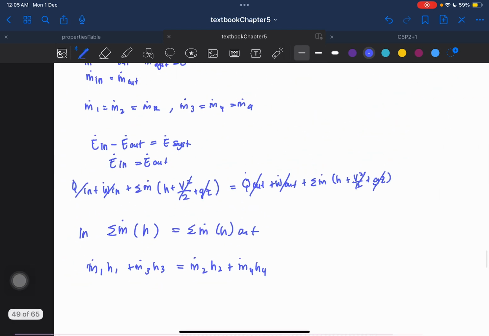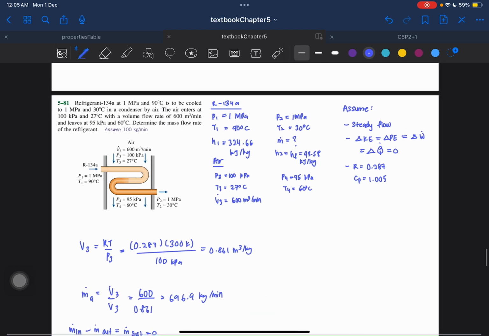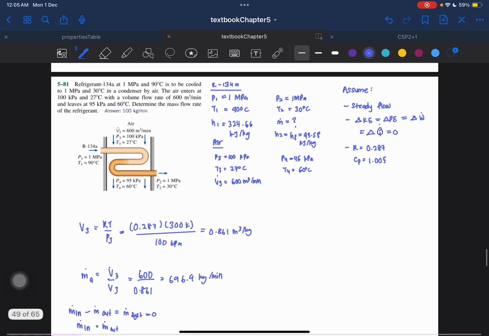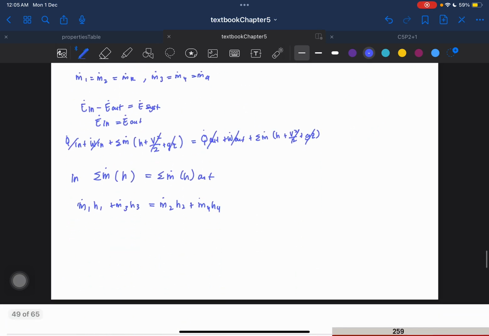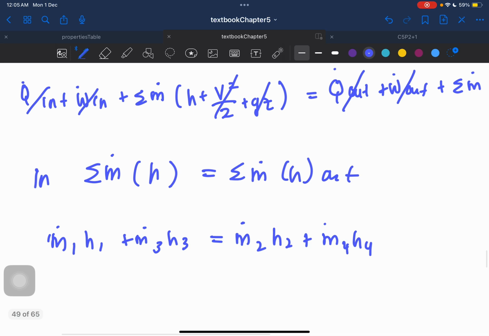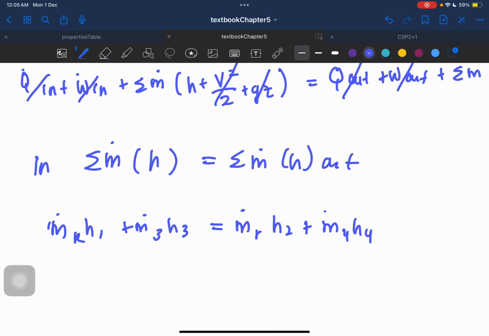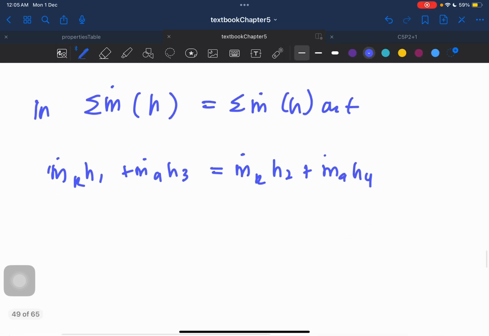But then we know that the one at 1 and 2 is refrigerant R, and the one at 3 and 4 is air. So we can write 1, 2 is R, and this one is air. Okay, so we can simplify it better now.